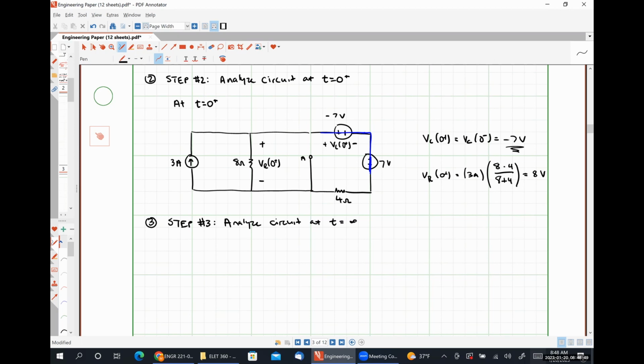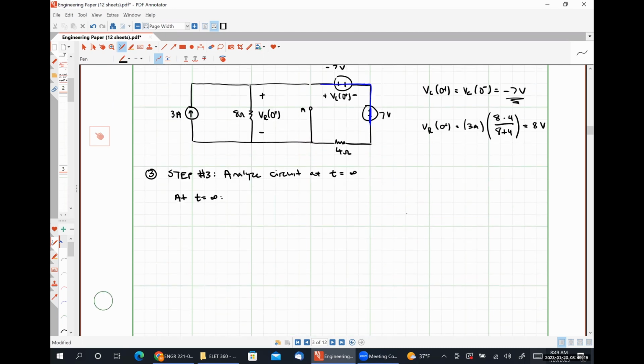At t is equal to infinity, our switch is in the same position it was at t is equal to 0 plus, but we are also at DC steady state, which means our capacitor in this case is going to look like an open circuit. So at t is equal to infinity, our circuit is going to look like this.